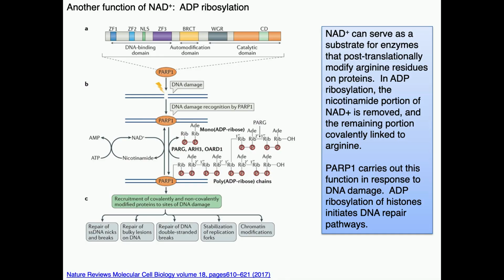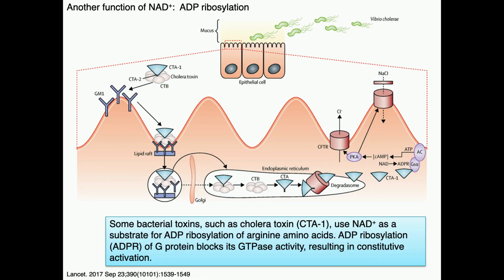Okay, so ADP ribosylation is important for cancer drugs, and it's also important in infectious diseases, and particularly cholera. So cholera toxin, shown here, this is the gut with the Vibrio cholera. The cholera are living out in the lumen of the gut. They're making a cholera toxin that gets endocytosed and internalized into the gut epithelial cells. That cholera toxin has an ADP ribosylation enzymatic activity.